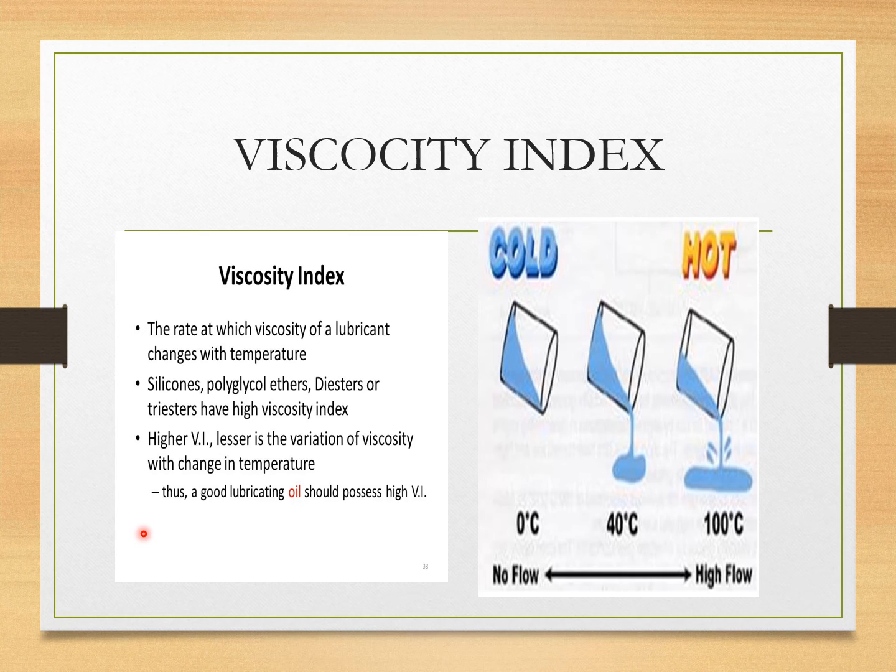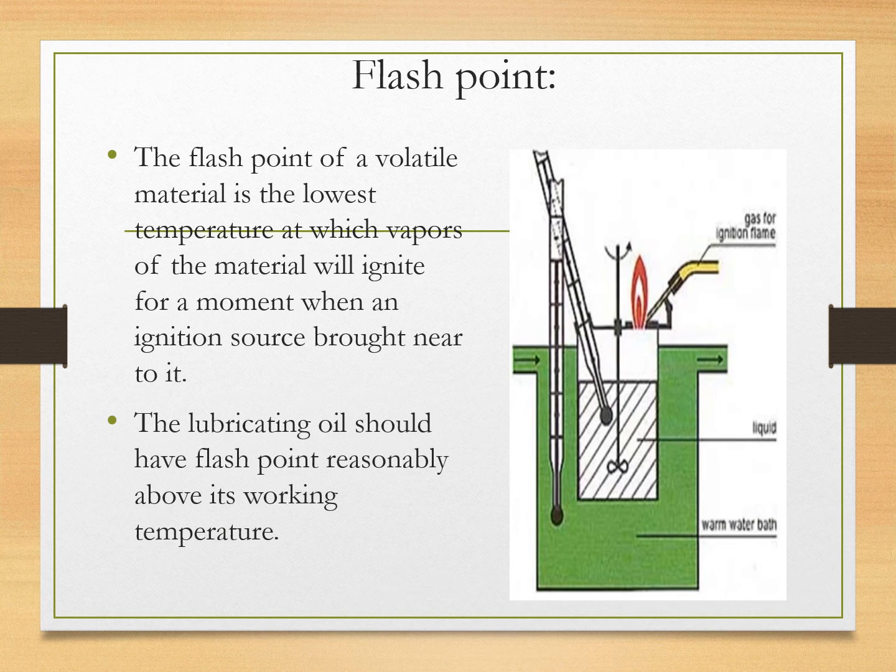Over a high range of temperature, its viscosity should remain the same. At low and high temperature, if the viscosity remains the same, it is called a higher viscosity index. Silicone, polyglycol, ethers, diesters and triesters have a high viscosity index.